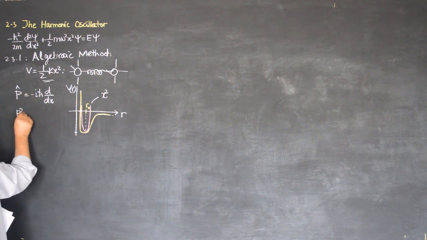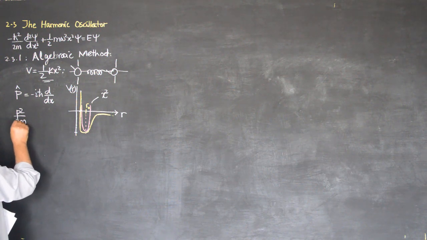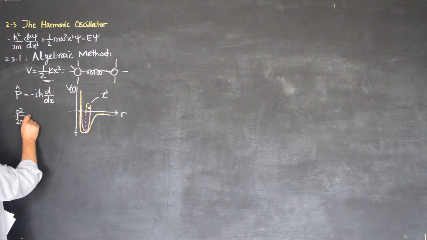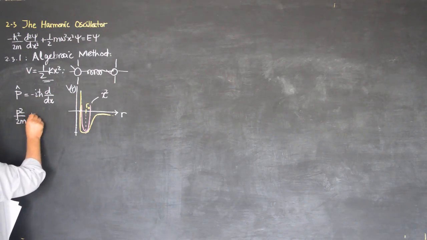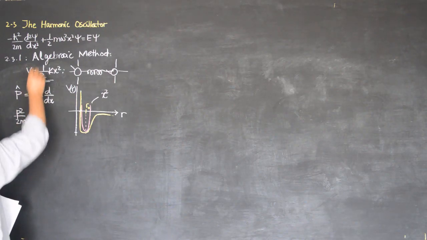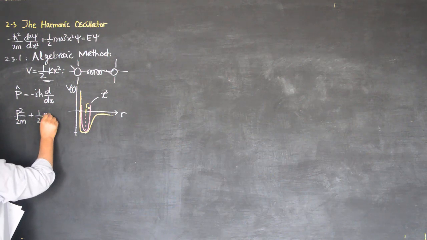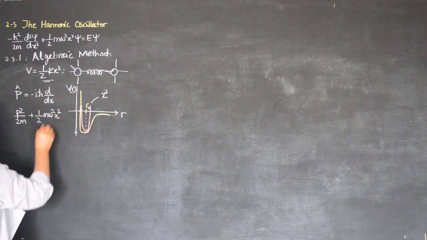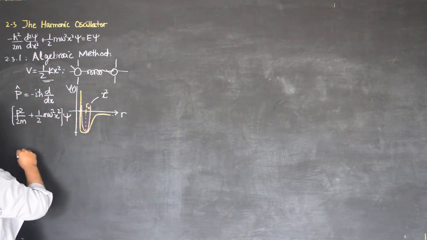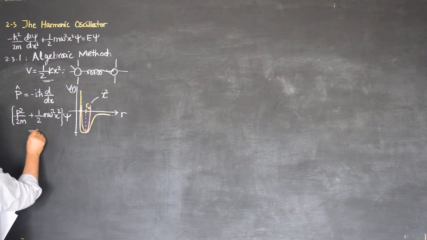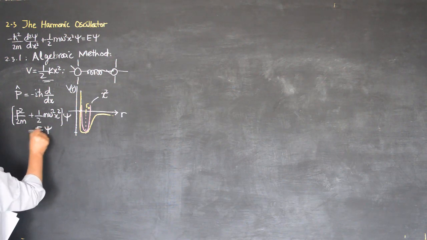So this will be p square by 2m plus half m omega square x square, and this whole will then operate on psi, and this will be equal to E psi.